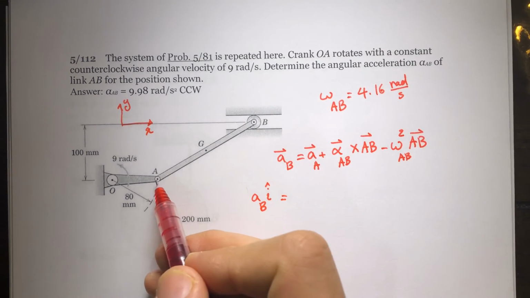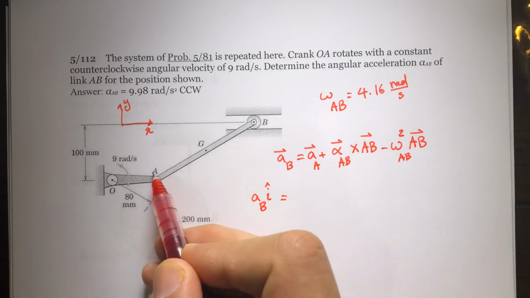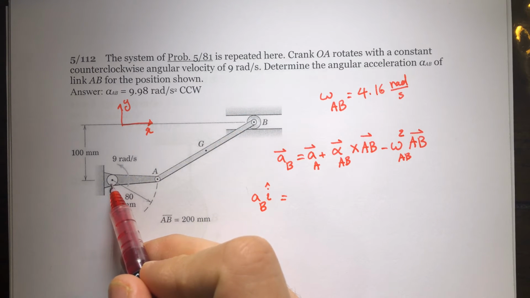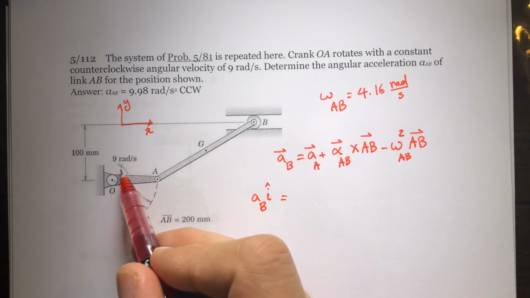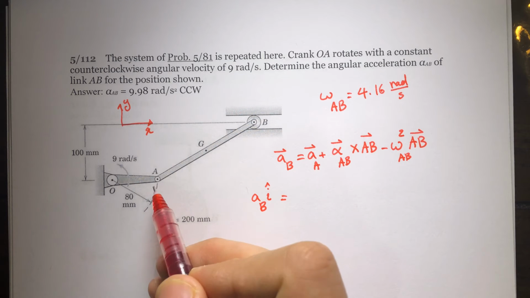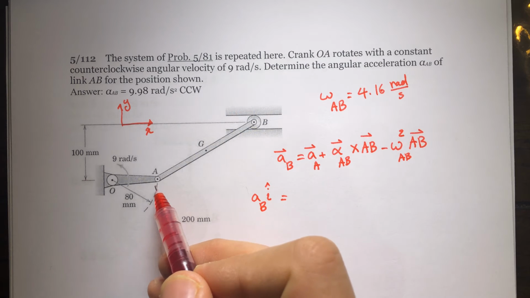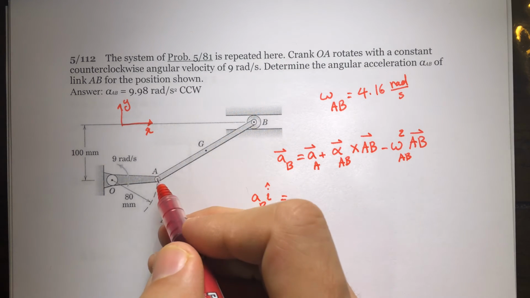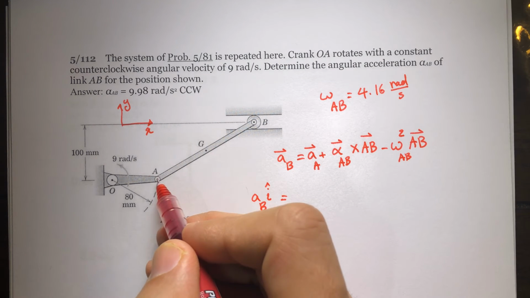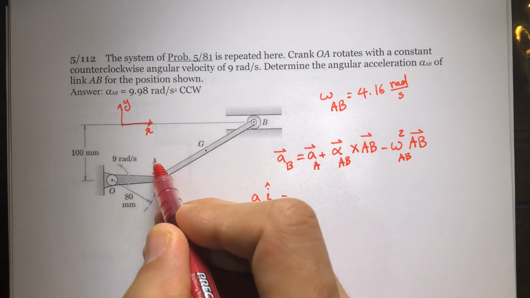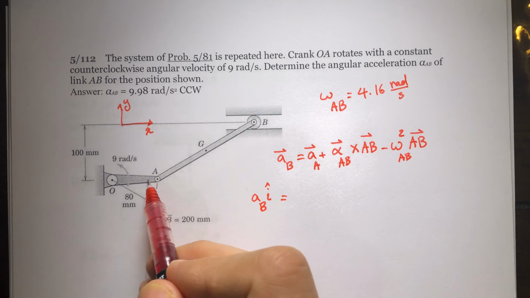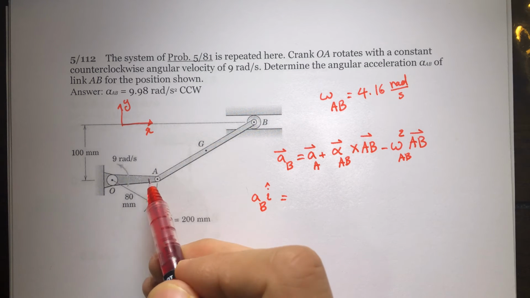Now look at point A. A is moving on a circle about point O with the constant angular velocity of 9 radian per second, right? Because A is moving on a circle, in general, the acceleration of it has two components, tangential part and also the normal part. The tangential part of the acceleration is going to be r times alpha of this link, which is 0.